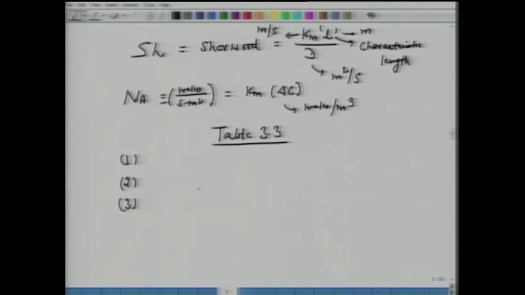One is very common. If you have flow past a sphere, or you have flow in a tube, or flow in a packed column.